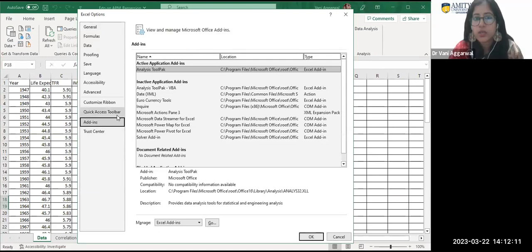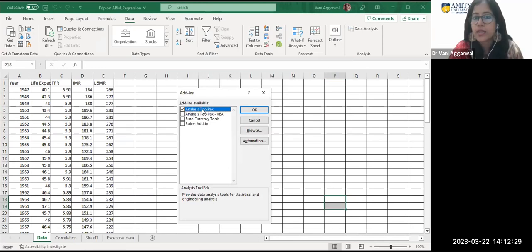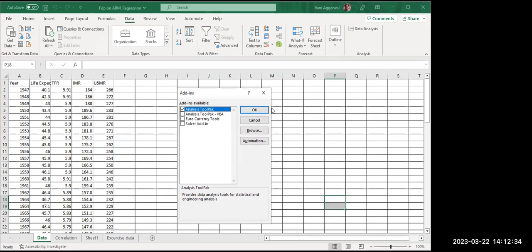Then under add-ins, click on wherever it is written analysis toolpack. Click on that and do not click on OK. Then click from here, Manage Excel add-ins, go. Click on go. Right, and then pick this thing, analysis toolpack, and click on OK.